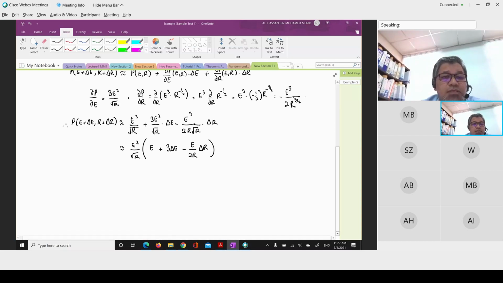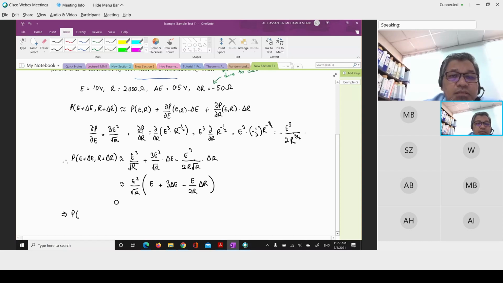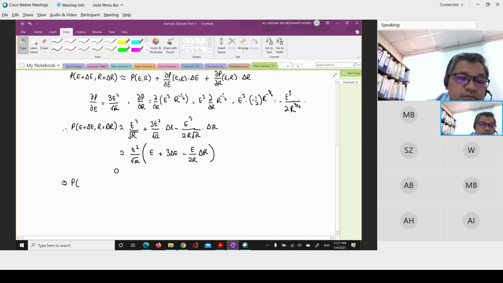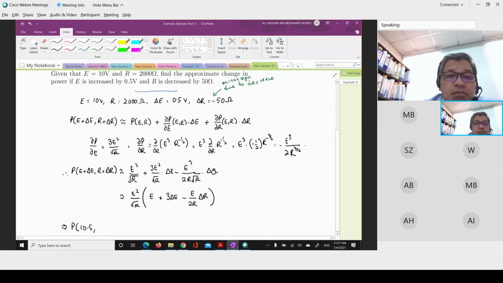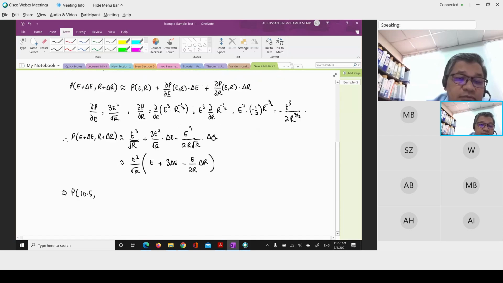Now we substitute. E plus delta E: E is 10 and delta E is 0.5, so this is 10.5. R plus delta R means 2000 minus 50, which is 1950.